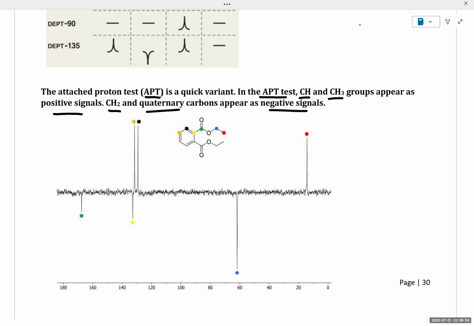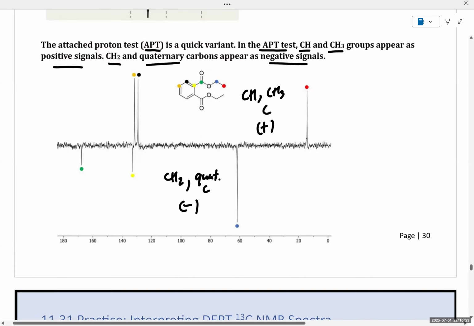The attached proton test is a useful alternative if you don't want to run a series of DEPT carbon NMR experiments. So our CH and CH3 carbons are positive, and the CH2, as well as the quaternary carbons, appear as negative signals.